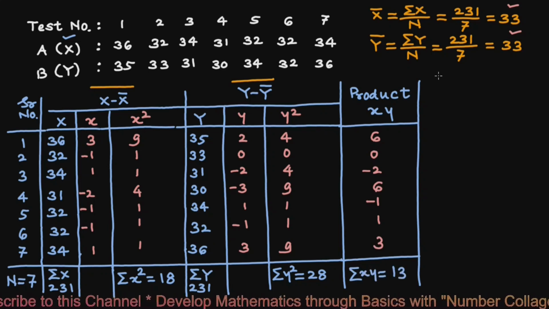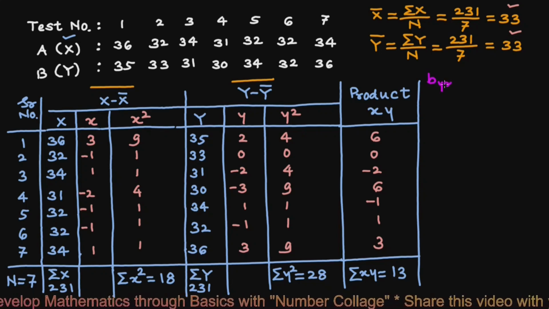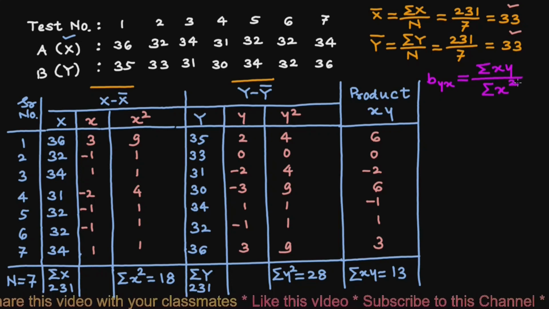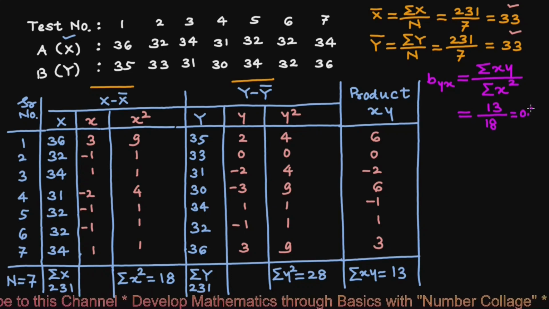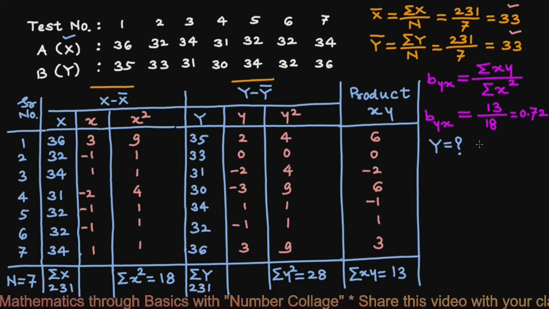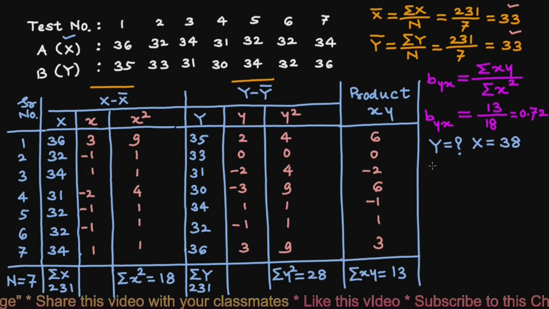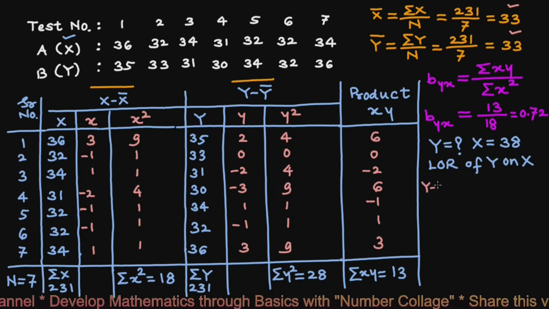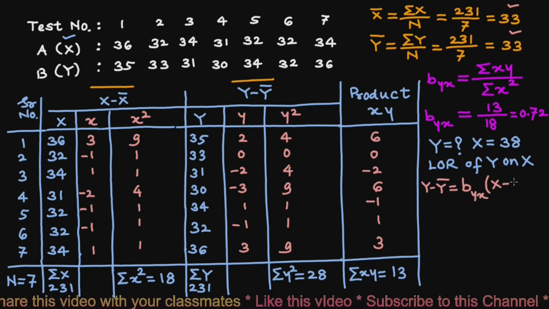We know the coefficient of regression y on x, that is byx, equals summation xy upon summation x square. That will be 13 upon 18, 0.72. Since we have to find the value of y for a given value of x, 38, we will use the equation of line of regression of y on x, which is y minus y bar equals byx into x minus x bar.